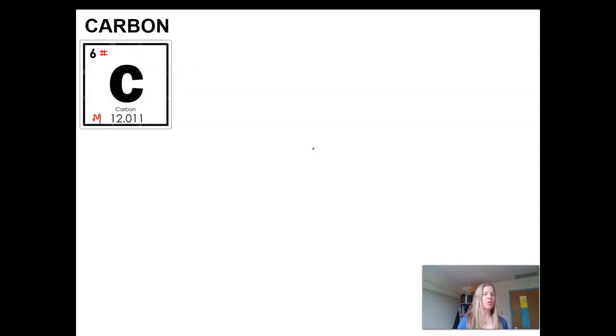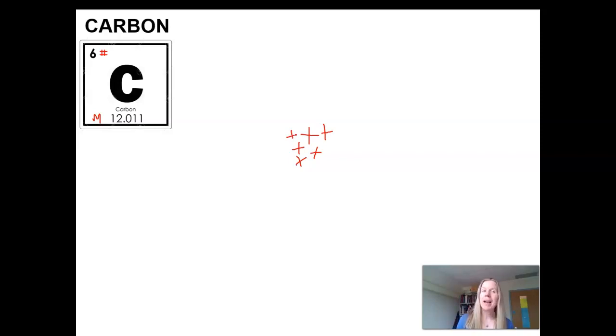So if you were going to draw carbon, how many protons would you have? If you said 6, you were correct, and those should all go in the nucleus of our atom. So I'll just draw 6 little positives here for our protons, right? Because the atomic number is the number of protons.